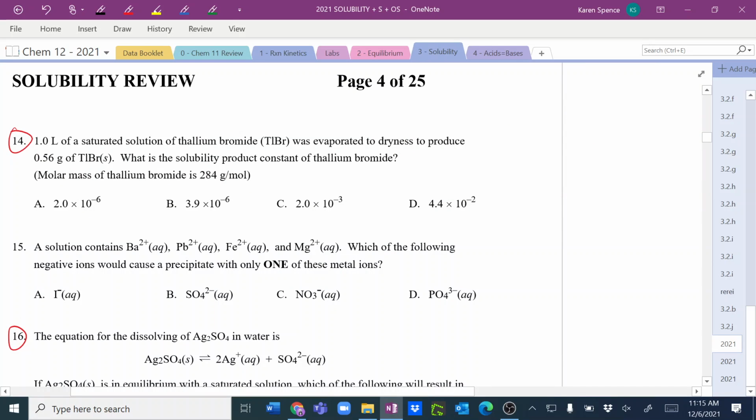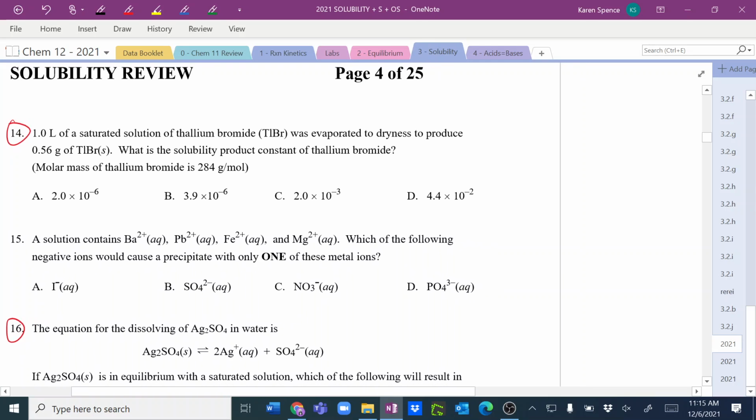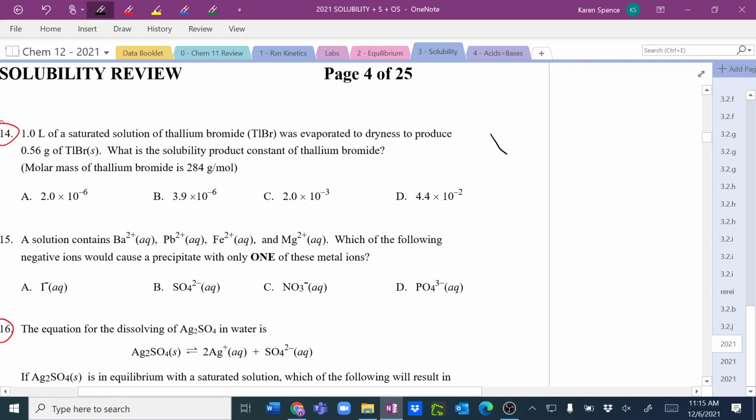1 liter of a saturated solution of thallium bromide was evaporated to dryness. So we have an evaporating dish or whatever, and on that we now have some TlBr. And how much do we have? We have 0.56 grams of it.